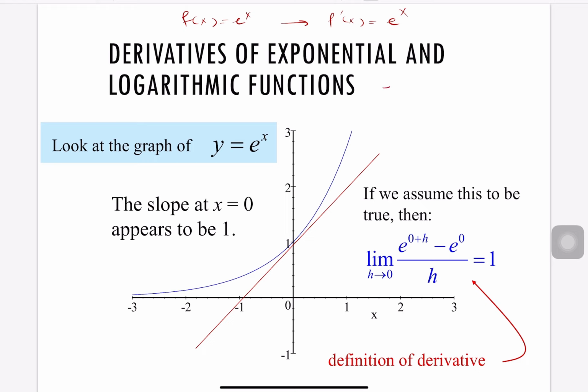But if we have e power u, in this situation it will be different, because we will again have f prime of g(x). And in this situation, we have to write u prime times e power u.